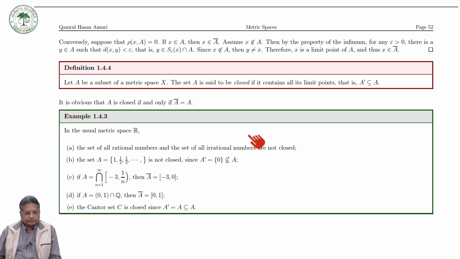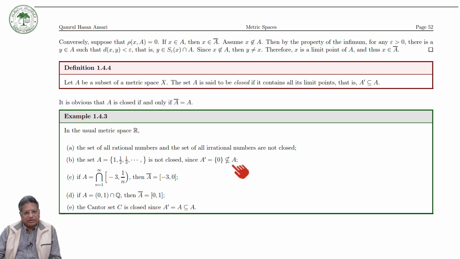Now, suppose we consider the set A consisting of 1, 1 over 2, 1 over 3 and so on. Then we have seen that the limit point of this set is 0. That is to say, the derived set of this set consists only of the element 0.